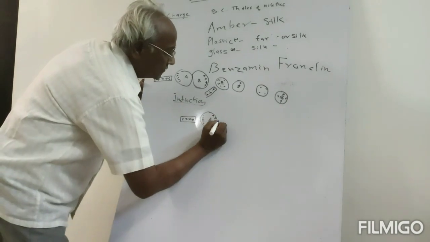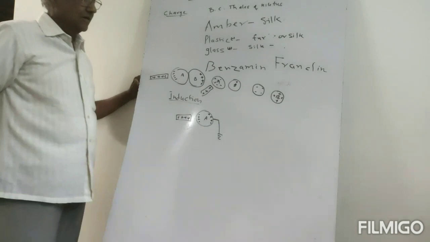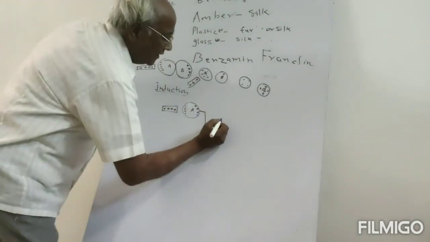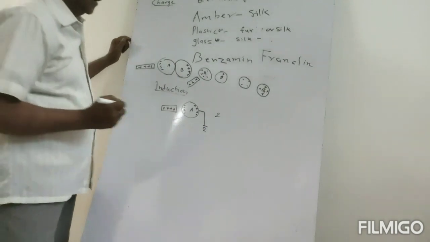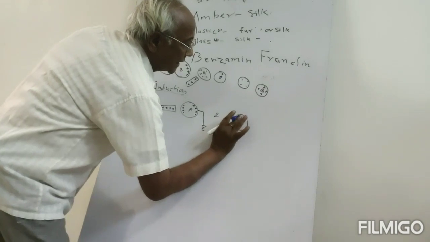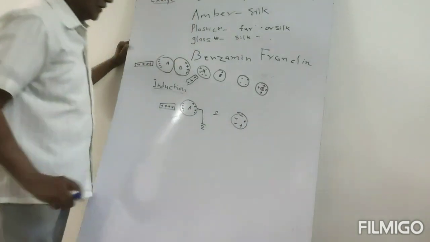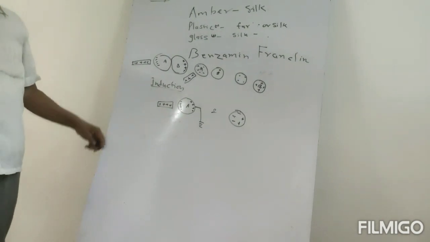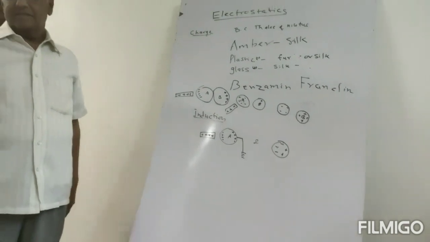Now we will earth the other end of A and remove the glass rod. So now A will be completely negatively charged. The positive charge will go to the earth. In this way, by induction, we can make the charges.